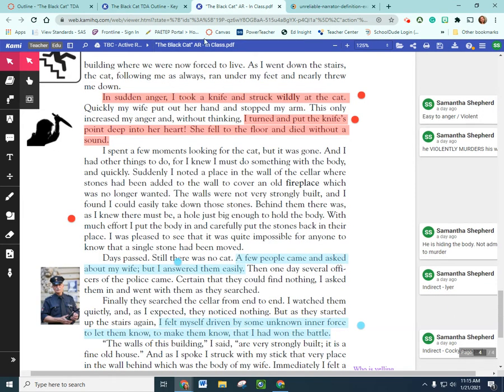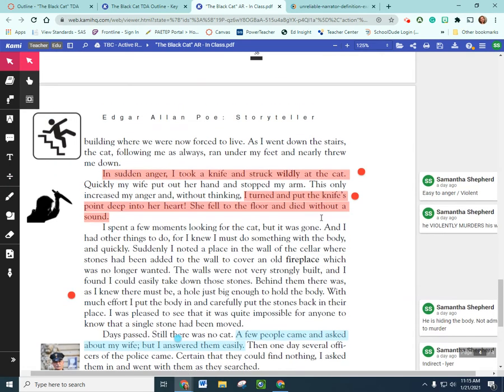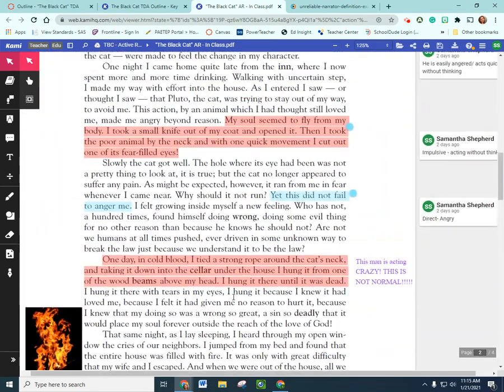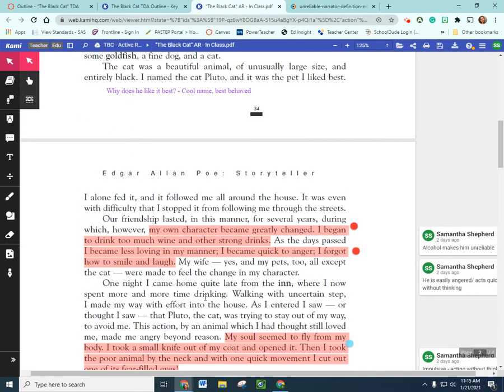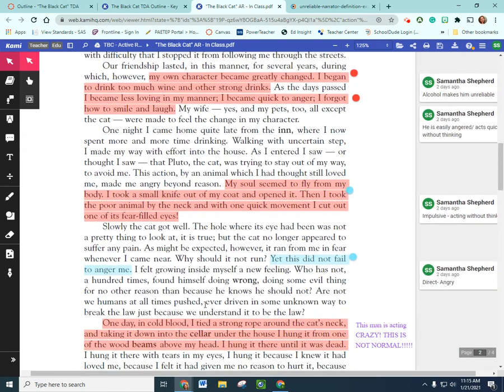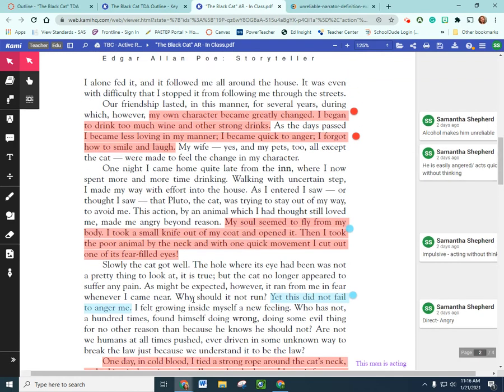In sudden anger, I struck wildly at the cat, talking about killing his wife as well. Either of those would work. I'm going to choose easily angered. Yeah, I'm going to choose this.